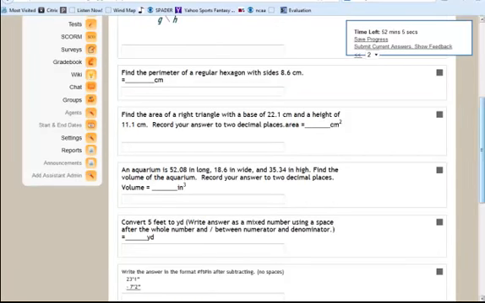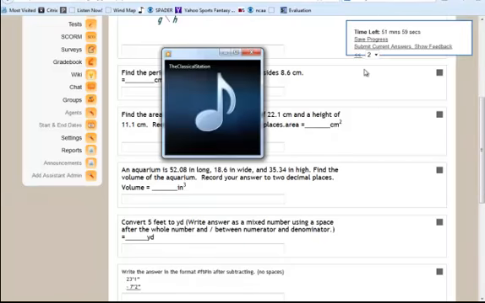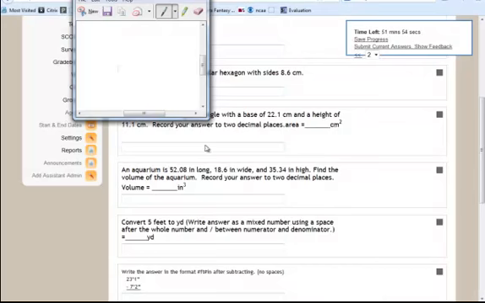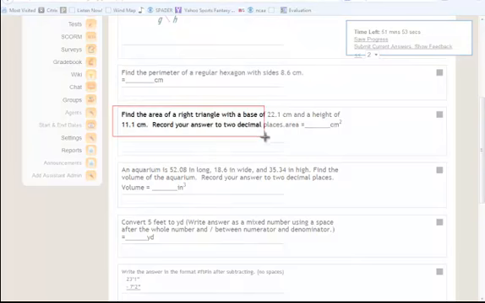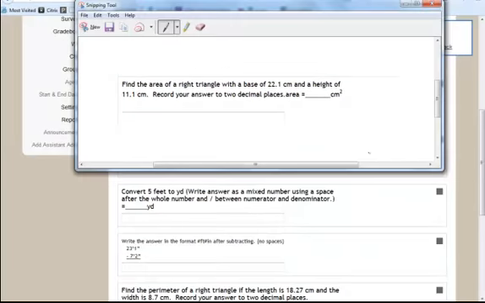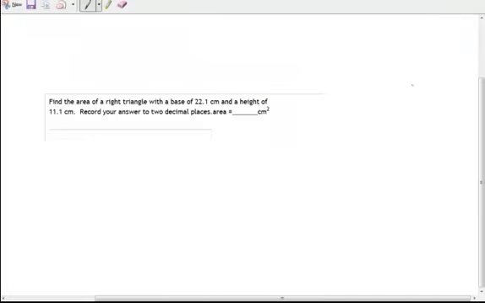Find the area of a right triangle. This is probably the hardest one in the test, because there are two steps to this problem. The first thing you have to do, area is base times height. Actually, that's the area of any triangle, so it doesn't matter.